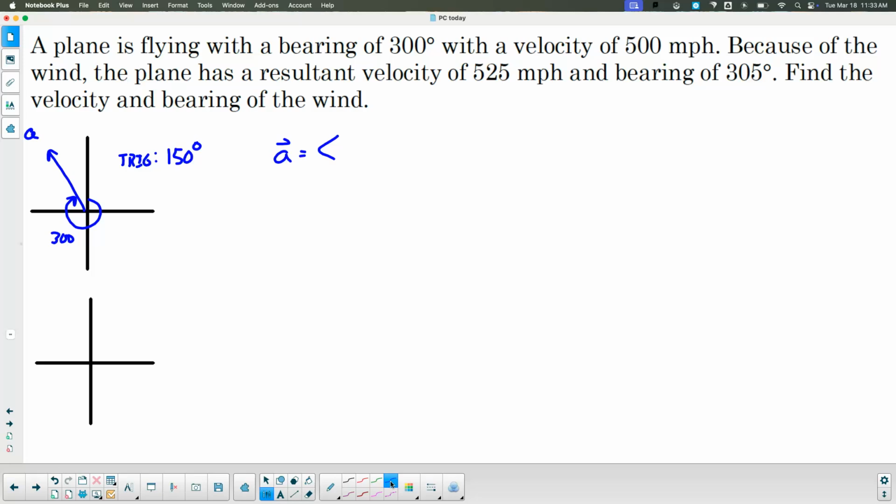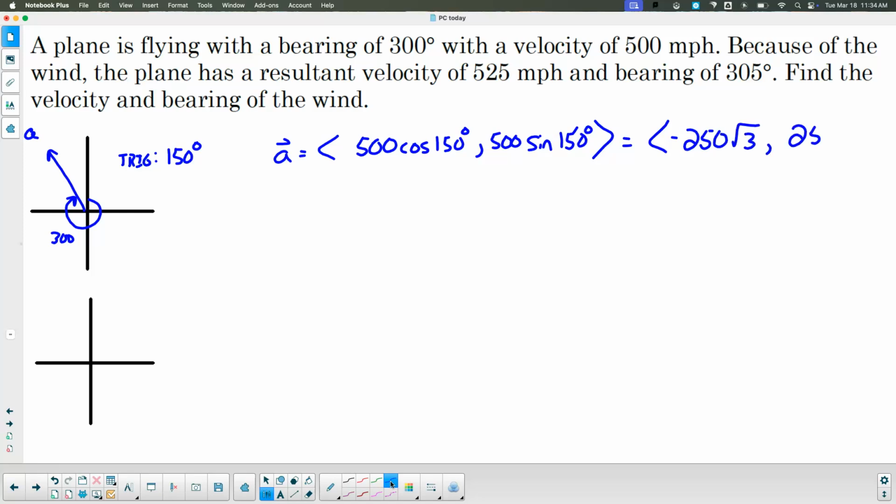So vector A then would be that, which is going to be that. Agree with that one. Speak now, forever hold your peace. Okay.